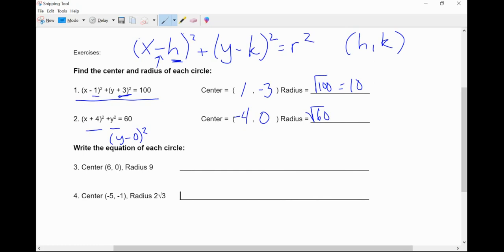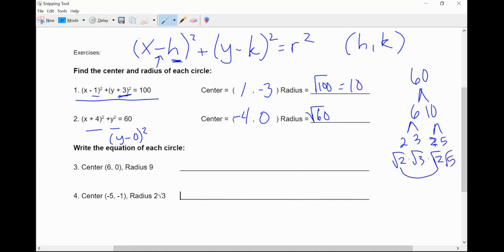To simplify the square root of 60, we would first break it up. Let's say we could do 6 times 10. The 6 is 2 and 3, and the 10 is 2 and 5. So this is square root of 2 times square root of 3 times square root of 2 times square root of 5.